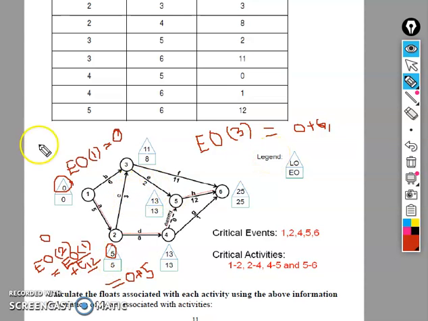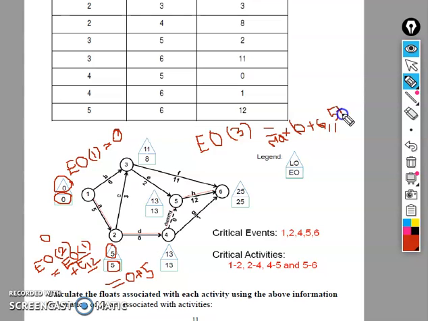Sorry, this is the forward pass, and you should consider the maximum of 0 plus 6 and 5 plus 3.